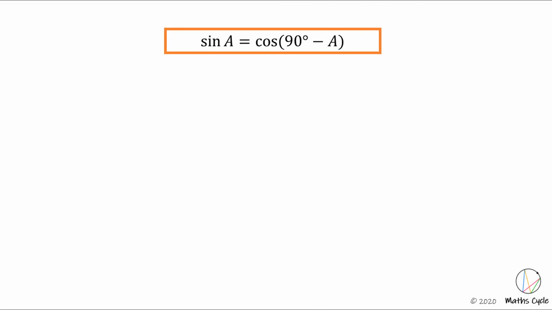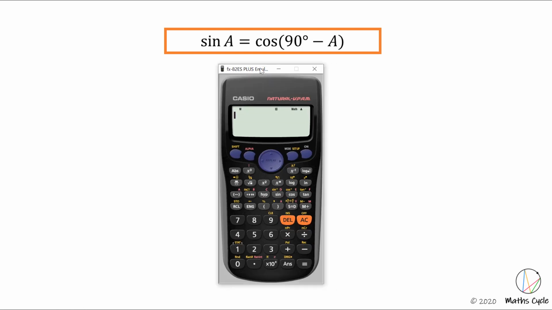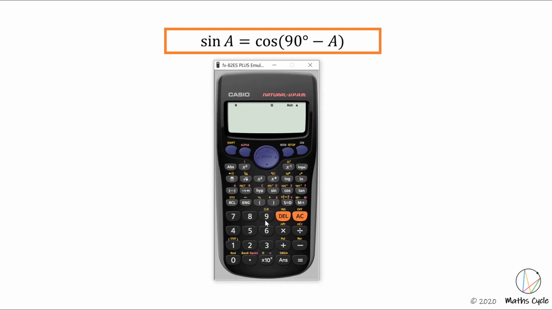So this actually brings us to a lovely property to finish off, that the sine of an angle actually equals the cosine of 90 take away that angle. And the easiest way to see this is to just look at a few examples. So let's see what is the sine of 10 degrees.